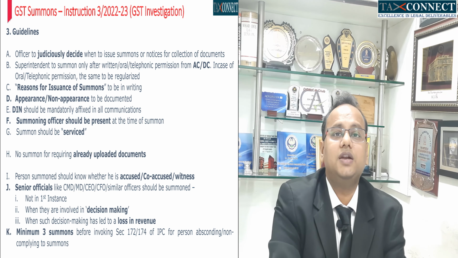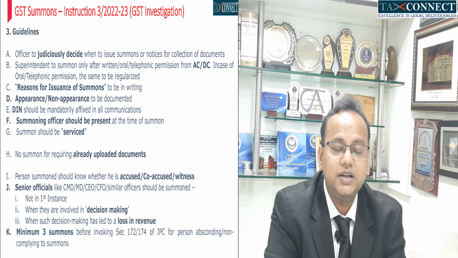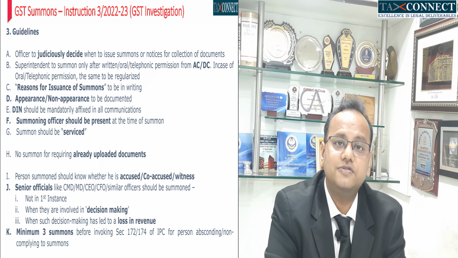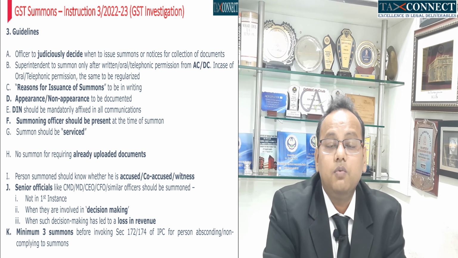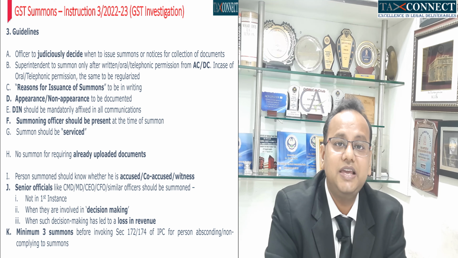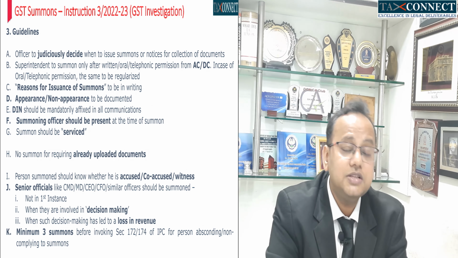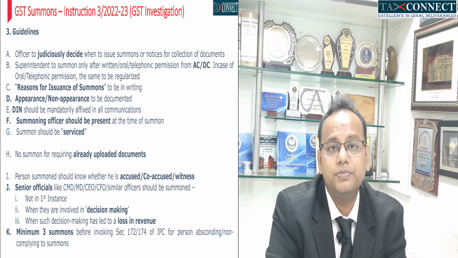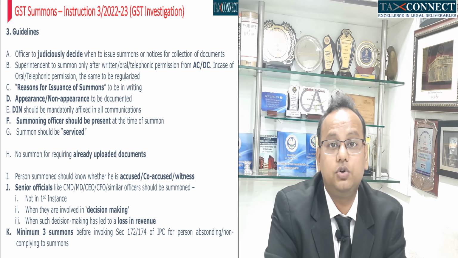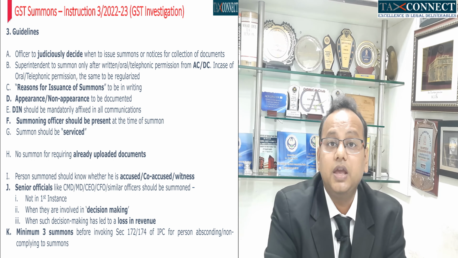Many a times when industry went for due compliance of summons, it was seen that the officer who has summoned was not available as he had gone on some other duty, and this appearance or non-appearance was not documented on the order sheet also. Now it is mandatory to document each appearance or non-appearance in the order sheet.